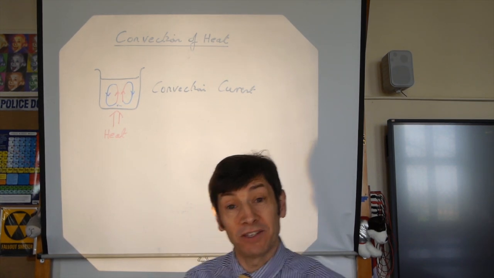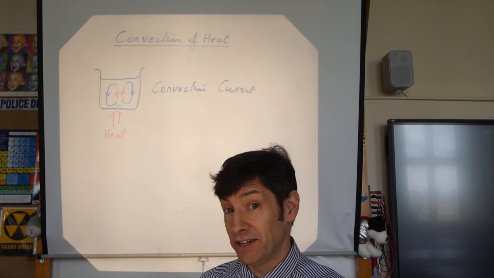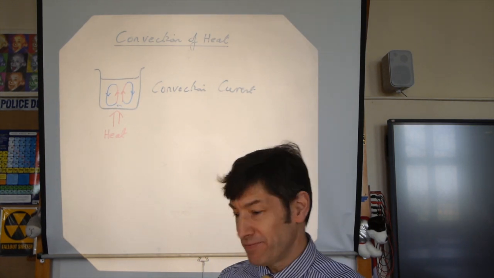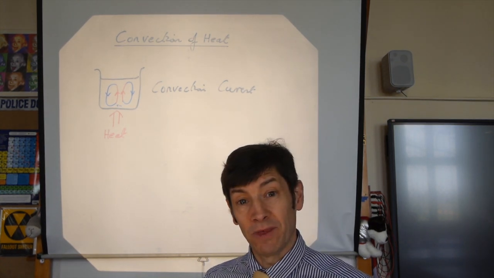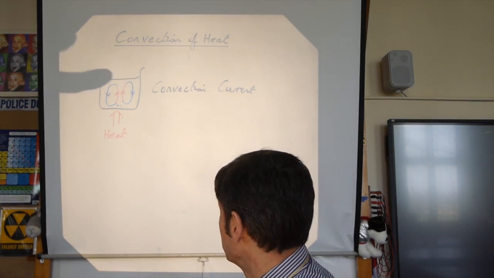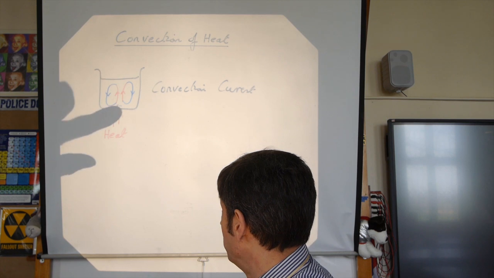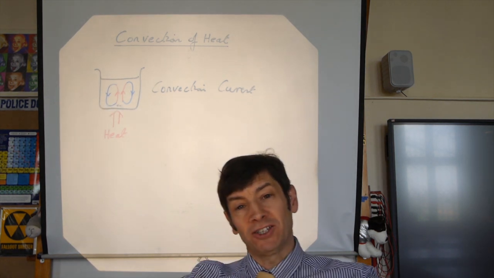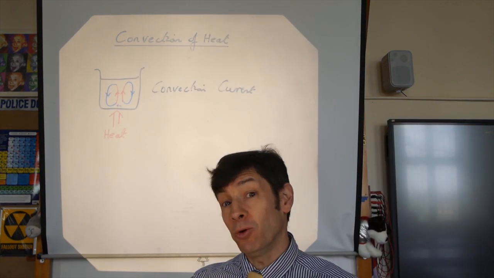And the example I sometimes set for exam questions is, where would you put a heater in a tropical fish tank? Well, if you put it right up at the top, you'll only heat the top bit of water. And if you put it at the bottom, the convection currents will help make all the water warm.